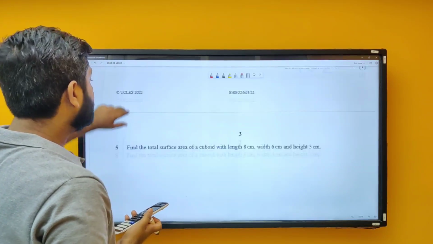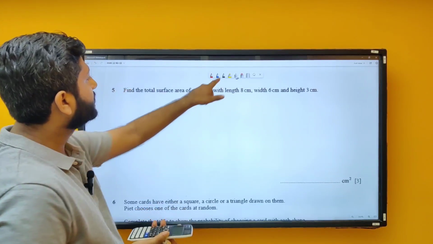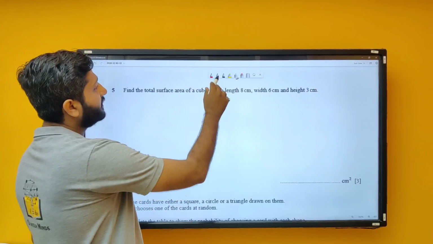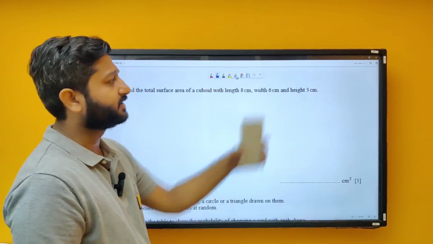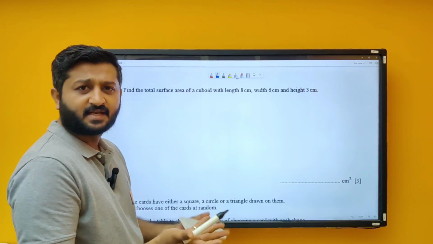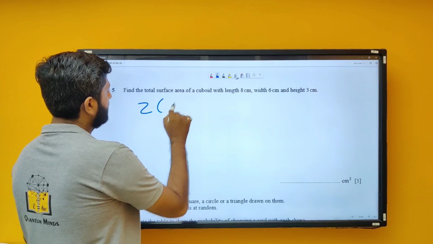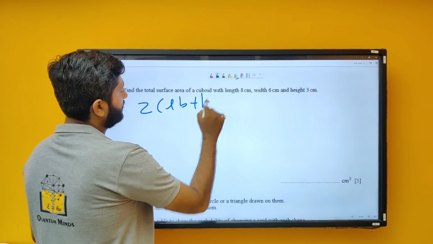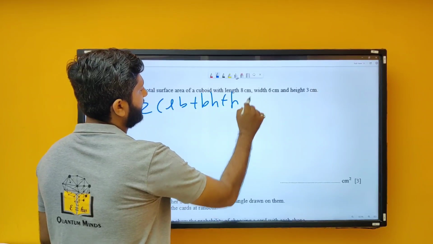Next, find the total surface area of a cuboid with length 8 cm, width 6 cm and height 3 cm. We know total surface area is given by the formula 2 times (LB plus BH plus HL).